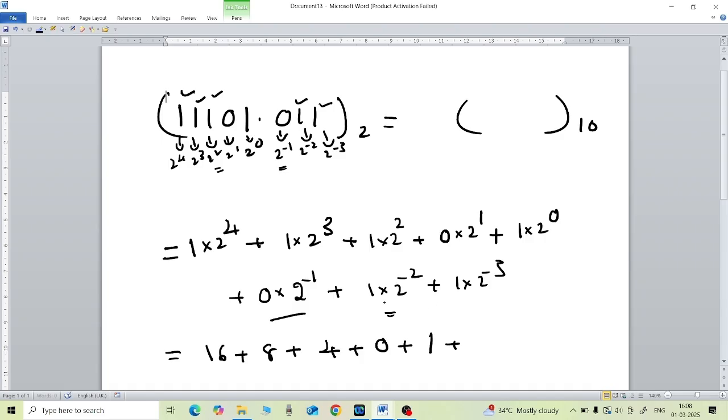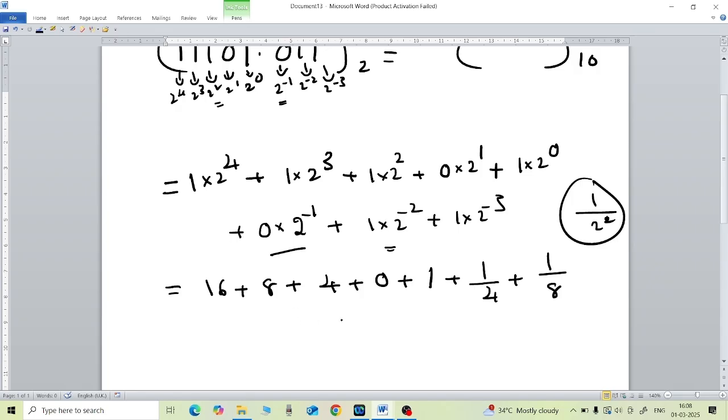Then 1 into 2 raised to minus 2 is 1 divided by 2 squared, that is 1 divided by 4, and this is 1 divided by 2 cubed, that is 8. So it is 16 plus 8, 24, plus 4, 28, plus 1, 29. So the integer portion is 29.